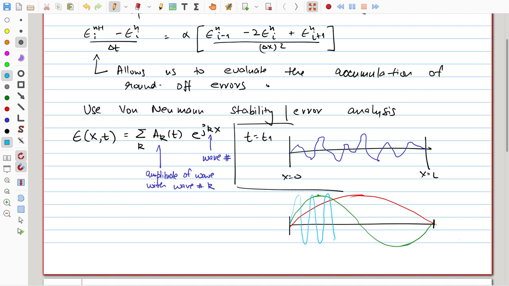Okay, and so on. So this blue one is very high k, and the red one is in fact the lowest k that is possible in this case. Just like low k.